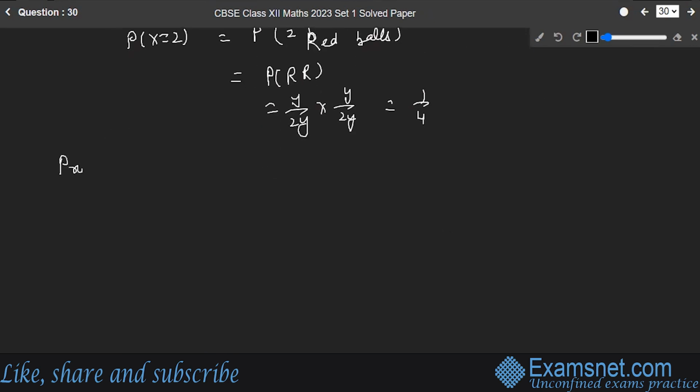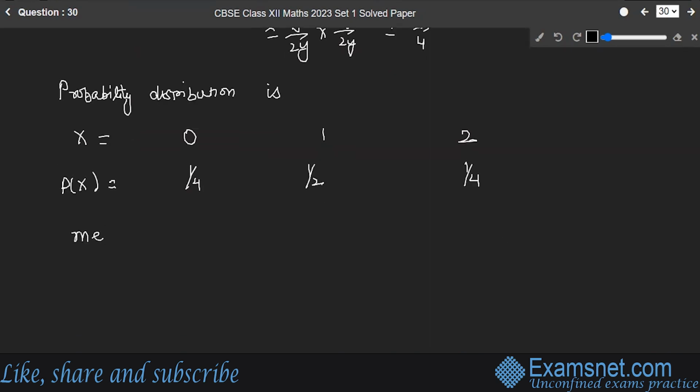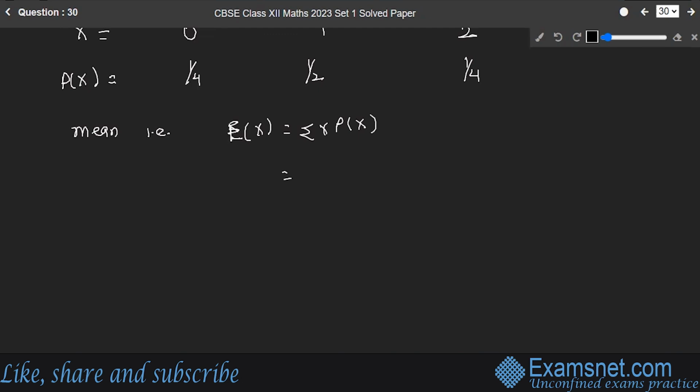So let's make the probability distribution. The probability distribution is given by x equal to 0, 1, 2, and the probability of x is, for 0 it was 1 by 4, for 1 it is 1 by 2, and for 2 it is 1 by 4 again. Now you have to find the mean, that is summation of x times p x.